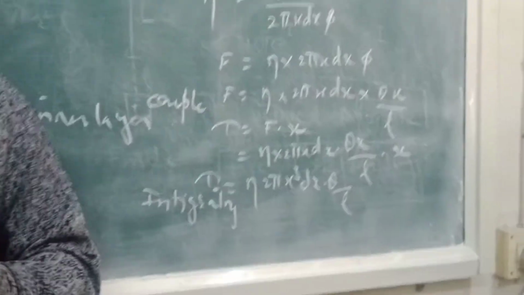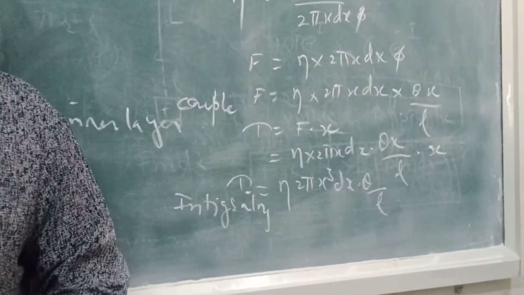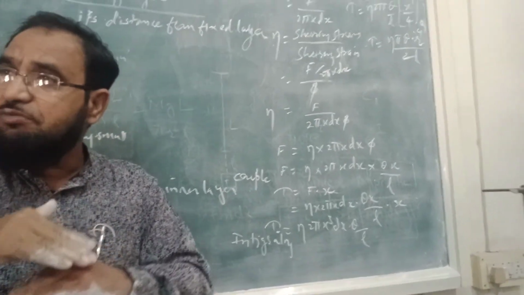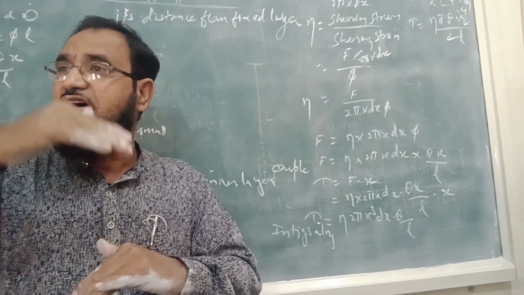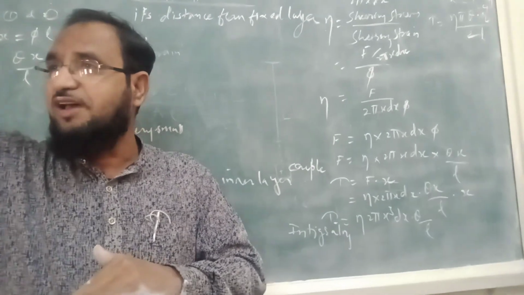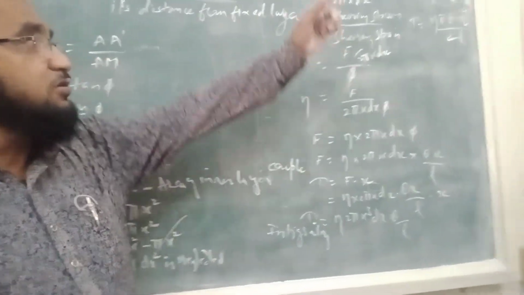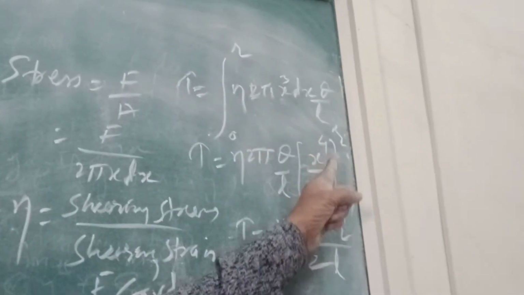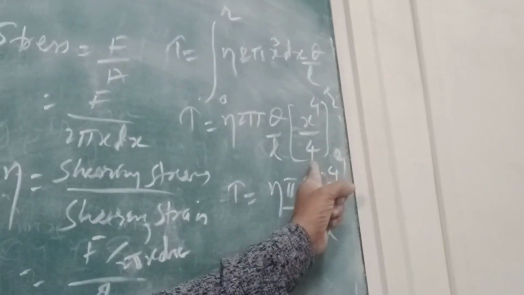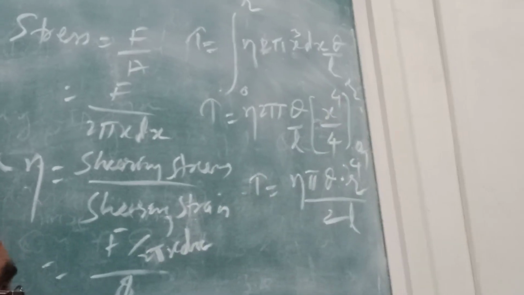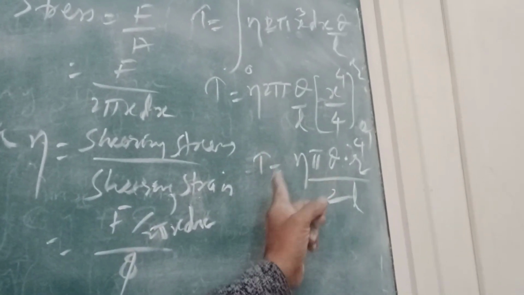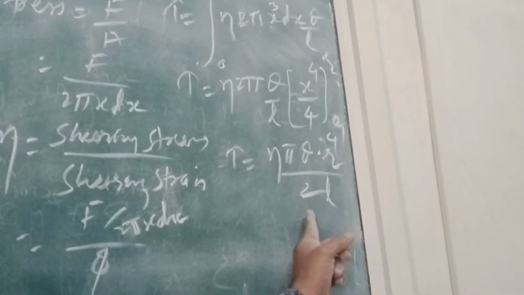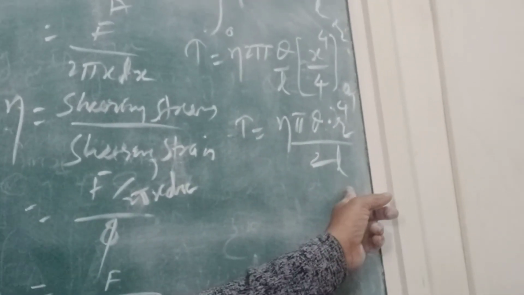This is for a small strip of thickness dx. Such strips will be there from the center of the cylinder to the outer periphery, that is the radius. So I will integrate it. All the things are constant, only x is variable. Integration of x cube is x to the power 4 by 4, with limits from 0 to r. Therefore the torque is equal to eta pi theta r raised to 4 upon 2L. Okay, thank you.